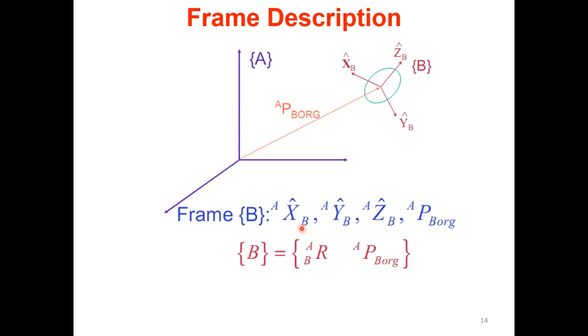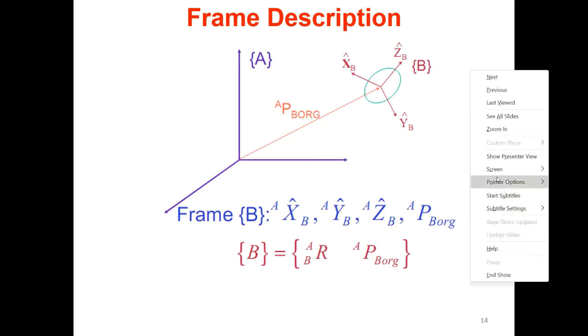So this is how you put them together. You have ABR, that is the rotation part, and then on the side you have APBORG. APBORG is the position of the origin of B, the relative frame, with respect to the reference frame.